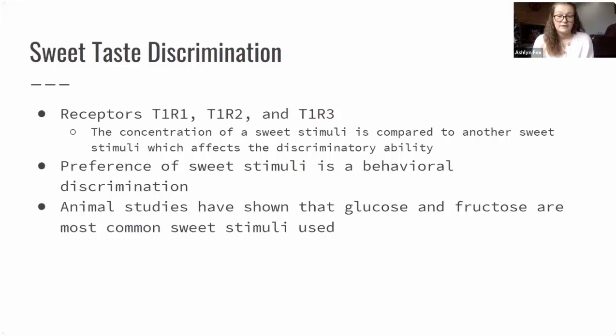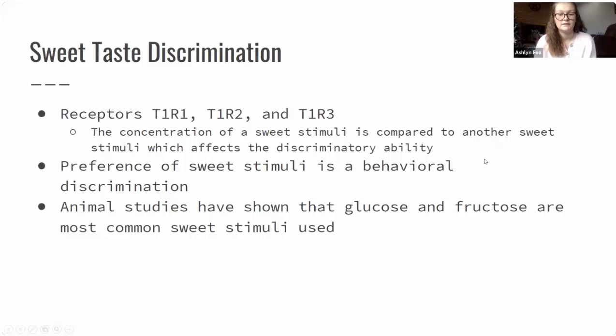This is an issue because when combined with other receptors, it can lead to a loss in discrimination ability between sweet tastes. So there is a behavioral discrimination when it comes to this. It usually is determined by whether there are different sets of taste receptors for each taste sense.